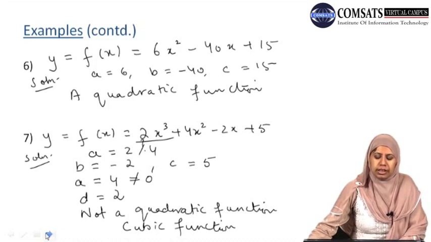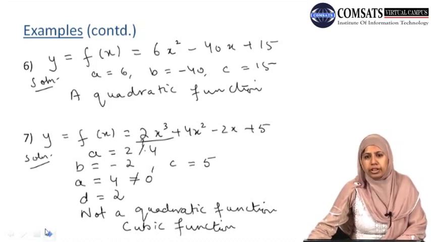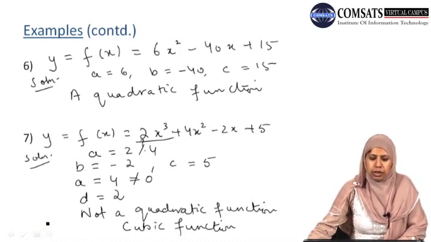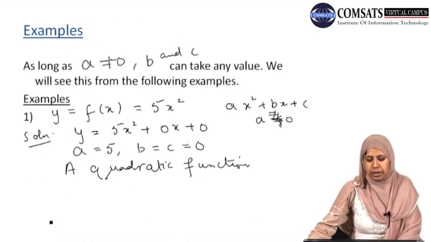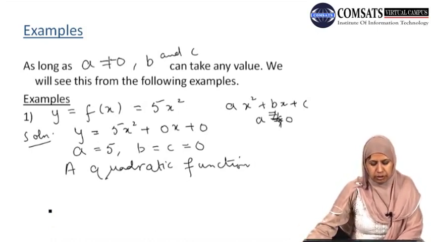We have also seen that when a is different from 0, that is, the coefficient of x square is different from 0, then there is no further condition on the constants b and c. Both of them can be 0 at the same time, as in our first example. Only one can be 0 at a time.